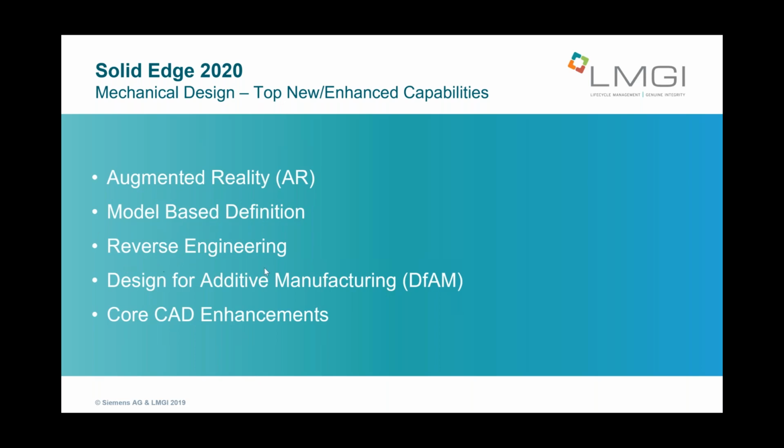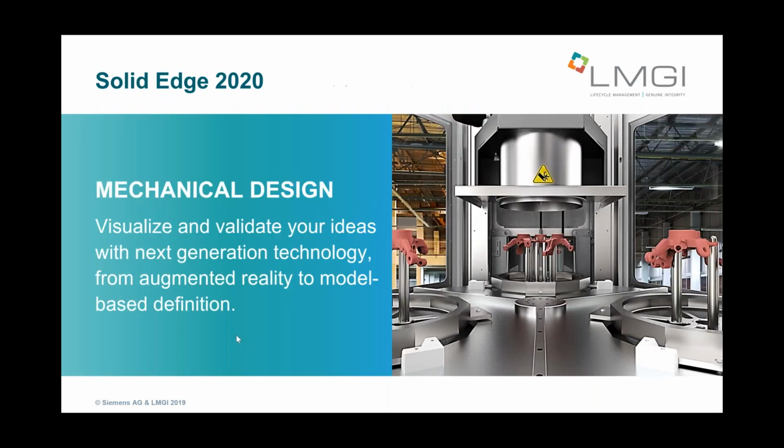Reverse engineering, we have a complete session just on reverse engineering, which is very interesting. There's design for additive manufacturing, DFAM. One example is if you have a tapped hole defined in Solid Edge and you want to switch that to a threaded hole for printing purposes, there's a single click to do that. And today's topic is some of the core CAD enhancements.